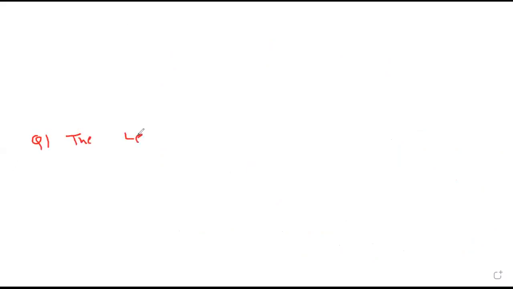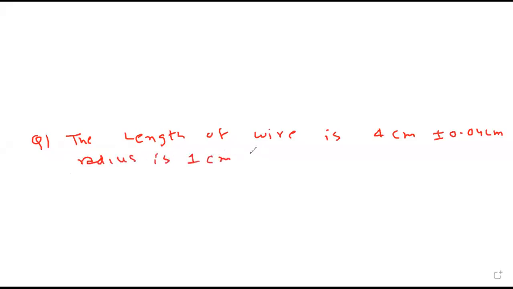The length of wire is 4 centimeter plus or minus 0.04 centimeter. Radius is 1 centimeter plus or minus 0.01 centimeter.